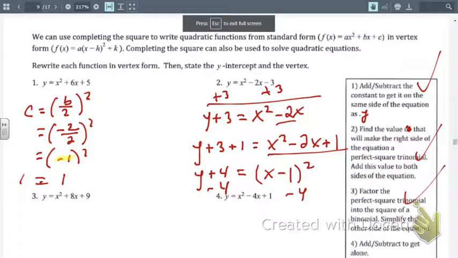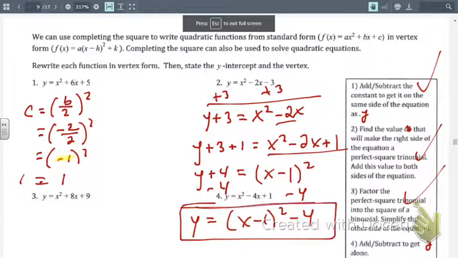So step 3 was finished. Now we add or subtract to get y alone. So we have y equals x minus 1 squared minus 4. So we went from standard to vertex. Again, vertex is important because you can quickly identify what the vertex is.